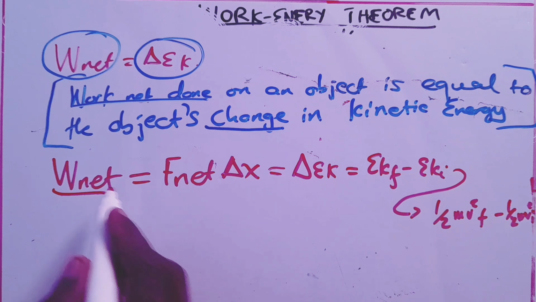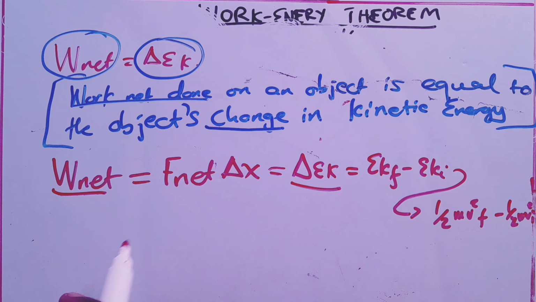You can use this with this, or this with that. No matter how you use it, you find the same answer. So this is the way of expanding this formula.